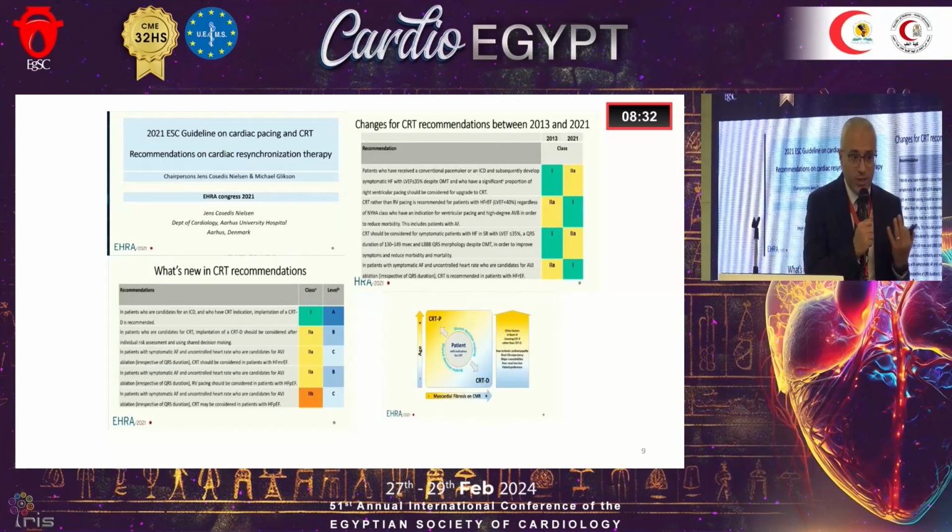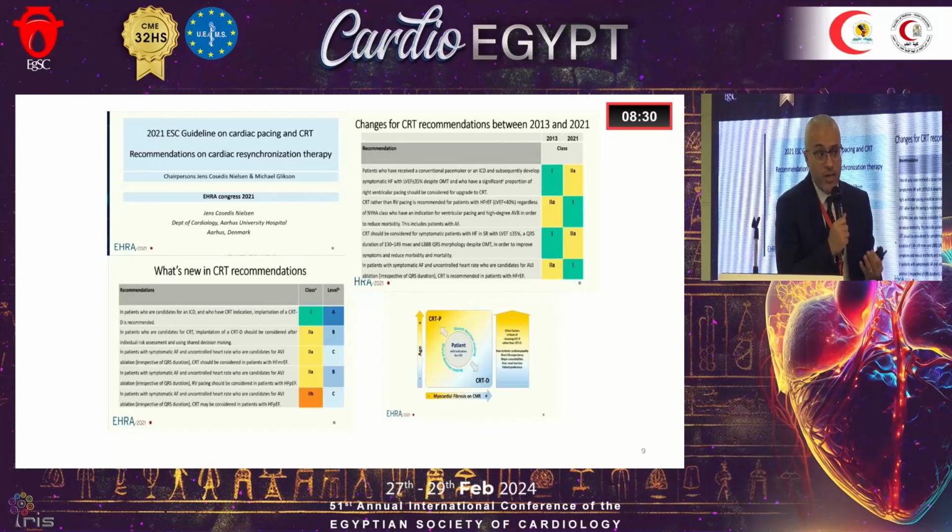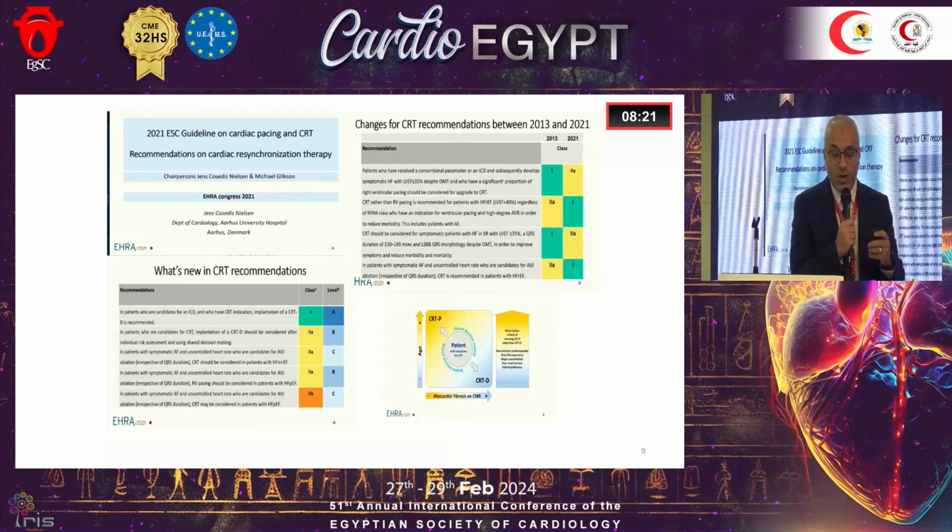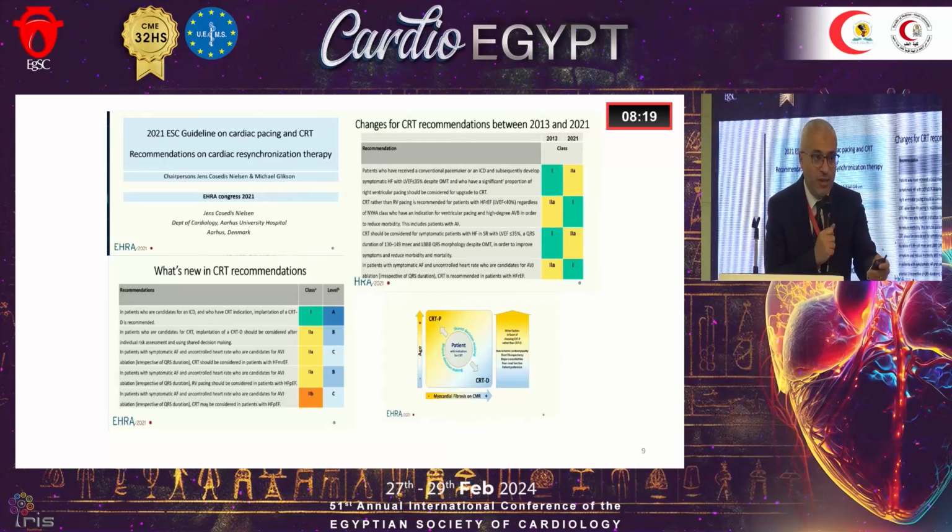And the 2021 guidelines and the 2023 update are very clear. If the patient has left bundle branch block with QRS more than 150 milliseconds, you implant a CRT as a class 1 indication, of course. And even if the patient is 130 to 150 milliseconds with left bundle branch block, CRT is still the first line, either CRT or CRT defibrillator.